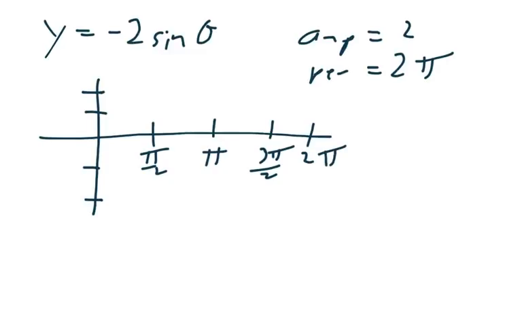So I'm going from 0 to 2 pi. Now because we're at sine, we always start in the middle. Because this is negative, going down first, and then back up. And there's the graph for number 1.